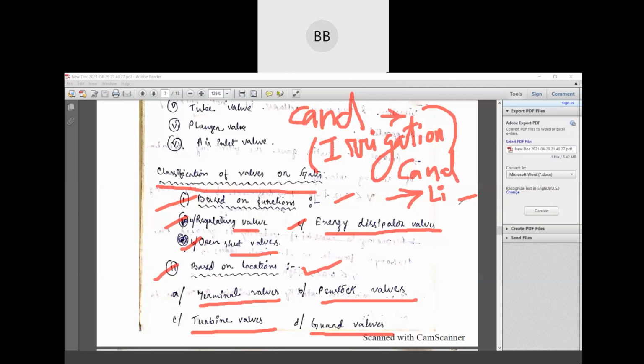So I think tomorrow you have your exam, right? Tomorrow, first sessional exam, yes, sir. Then we will start the next unit after the exam.